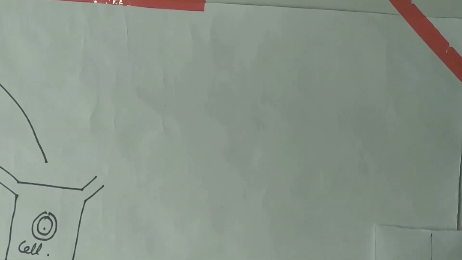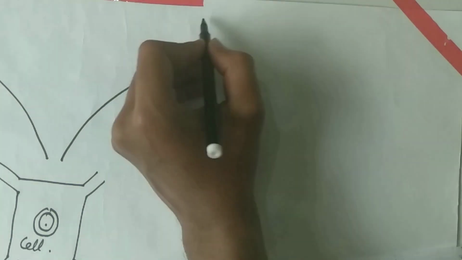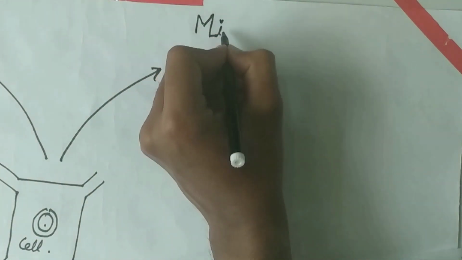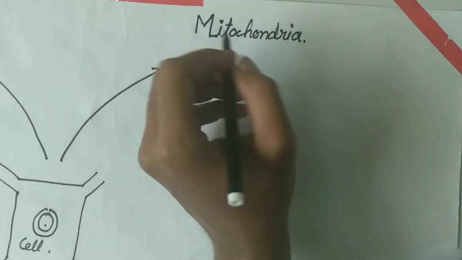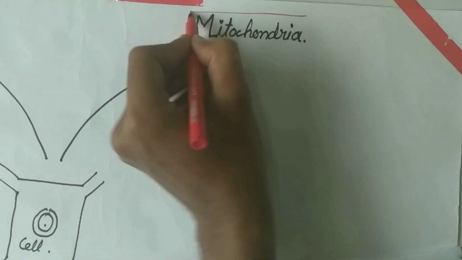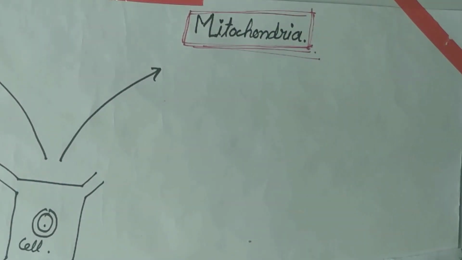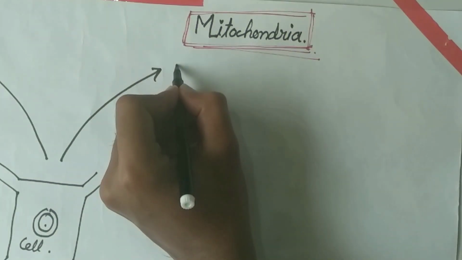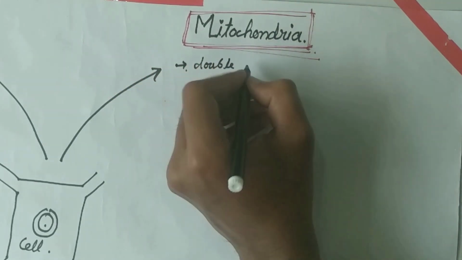After that, we will discuss one of the most important cell organelles, the mitochondria. The first point about the mitochondria is that it is a double membrane bound structure.